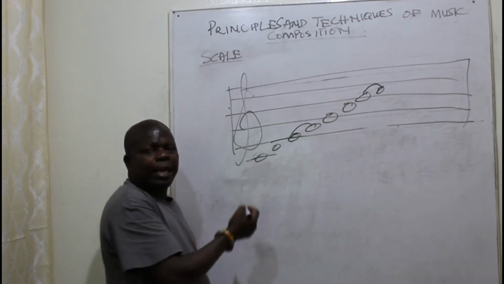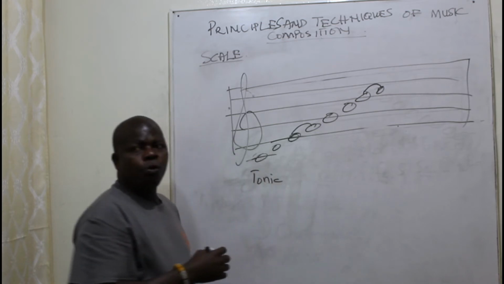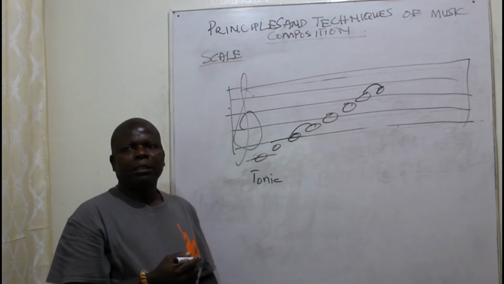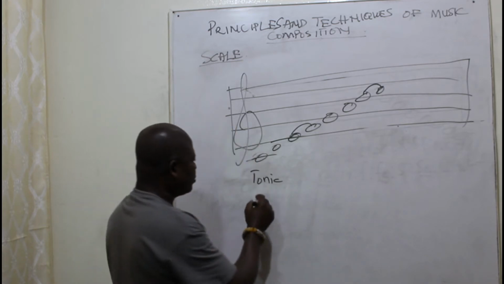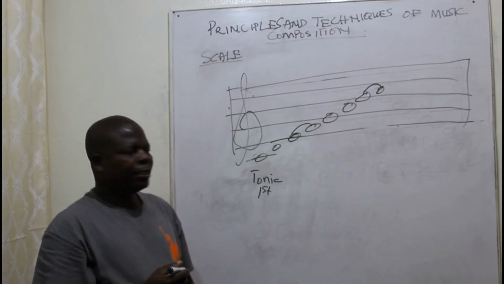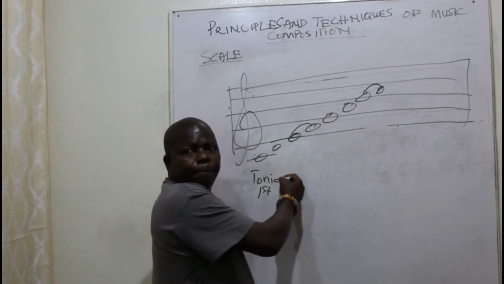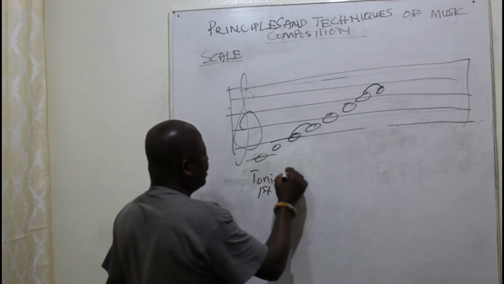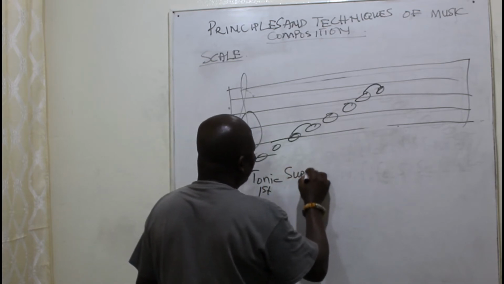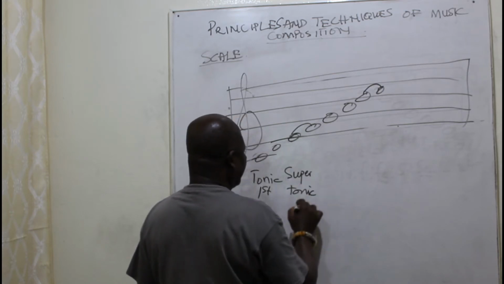The tonic, which is Do, is the first degree. Then the second one, Re, becomes the supertonic, and that's the second degree.